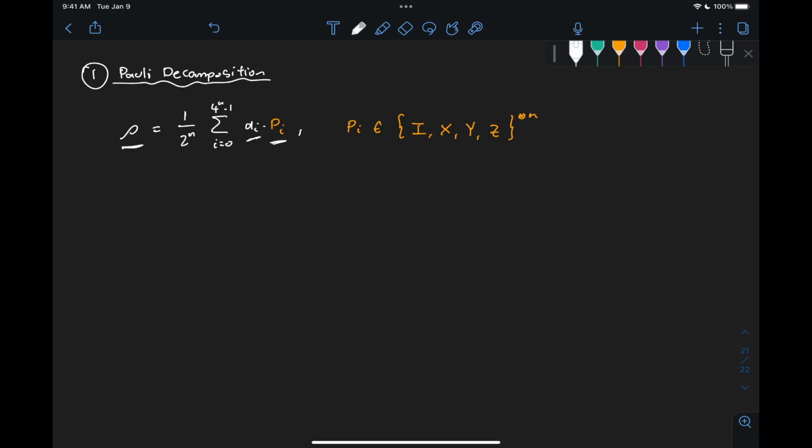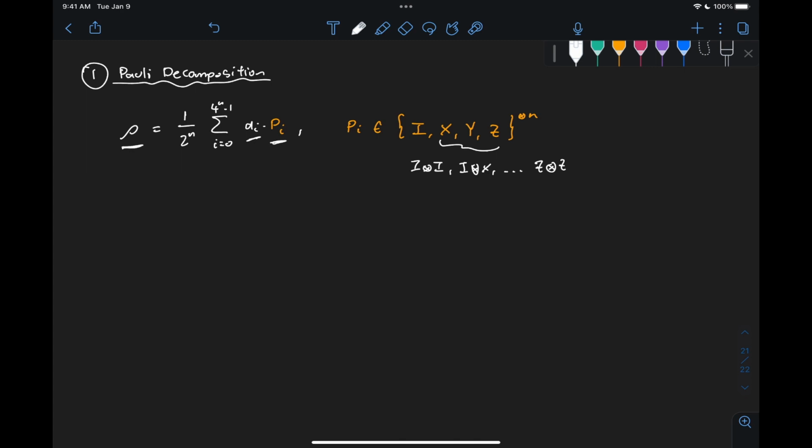And these P sub i's are basically tensor products of the three Pauli matrices X, Y, and Z and the identity matrix. So for example, for 2 qubits, this summation will be for all possible combinations of these 4 matrices. So it will be I tensor I, I tensor X, all the way to Z tensor Z.